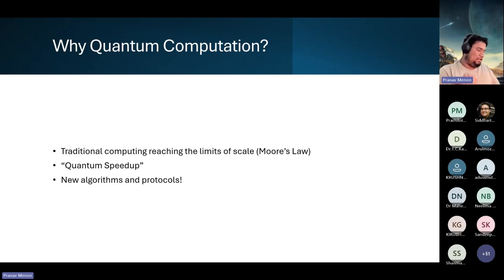I'll talk about why in later slides. I just want to introduce these topics. One, it's going to break the fundamentals of Moore's law. The second is that it's going to give us more computational speed, and the third is that it's going to require us to do more on redefining the present algorithms and other protocols that we have.